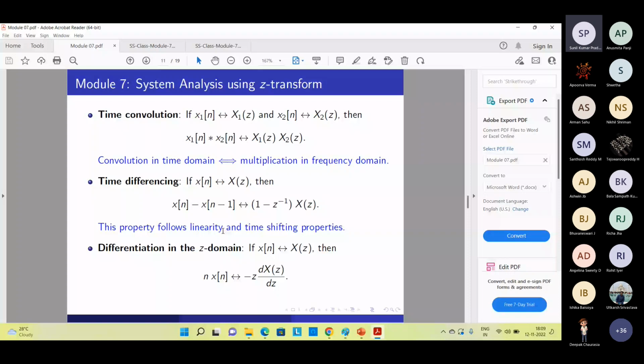Let's say x[n] has Z transform X(z), then n x[n], that means when x[n] is multiplied by n, will be minus z d/dz of X(z), the differentiation of X(z) with respect to z. So this is your differentiation in the z domain.